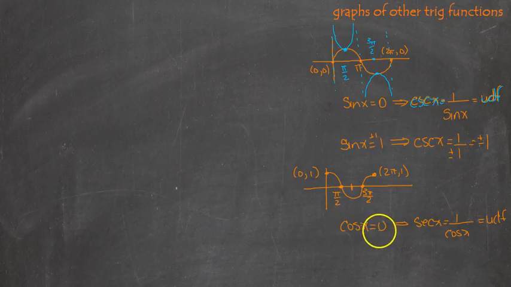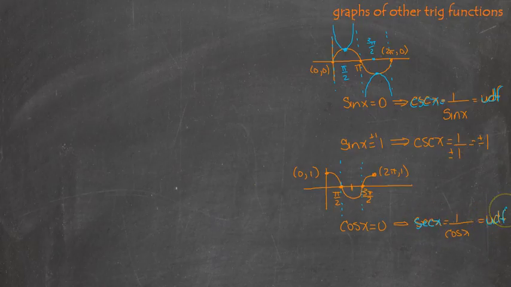If cosine equals 0, then secant must be undefined, meaning we must have asymptotes at pi over 2 and 3 pi over 2, because secant x is undefined there.